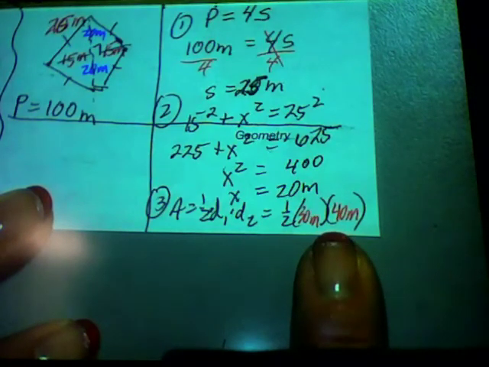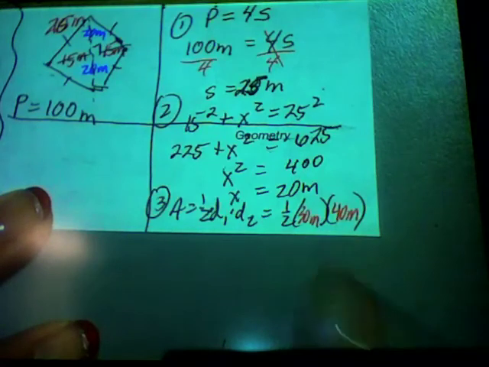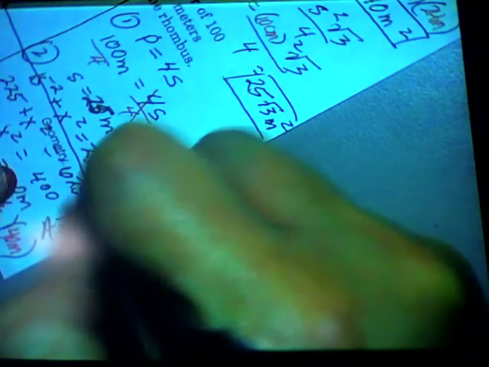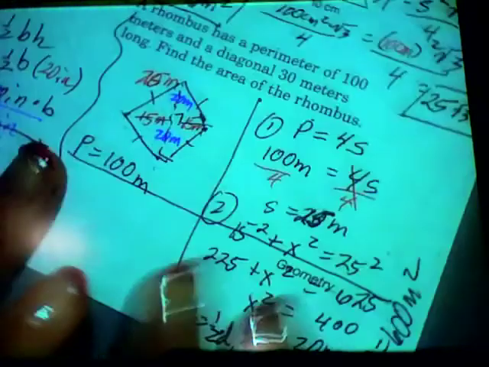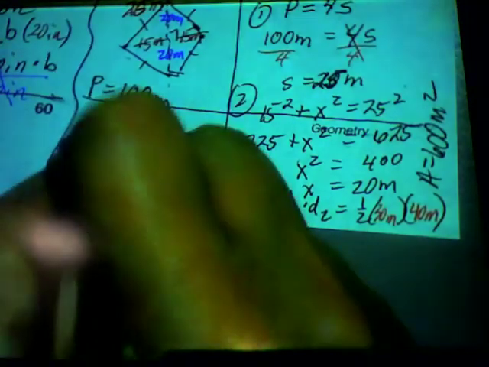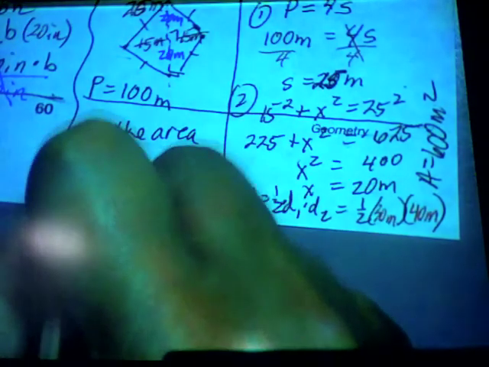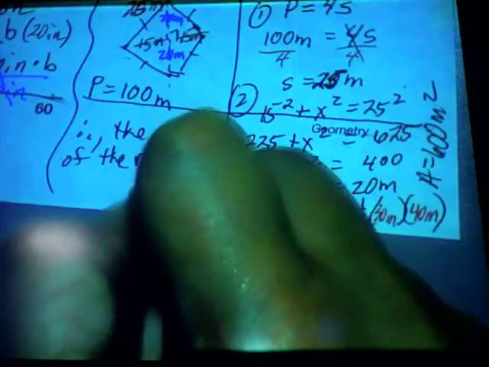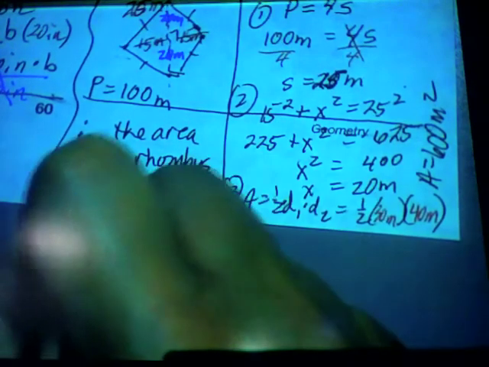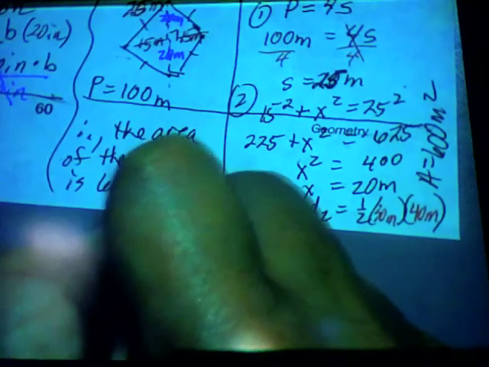What's half of 1,200? 600. So isn't my area, turn it to the side, 600 meters squared? Therefore, the area of the rhombus is 600 meters squared.